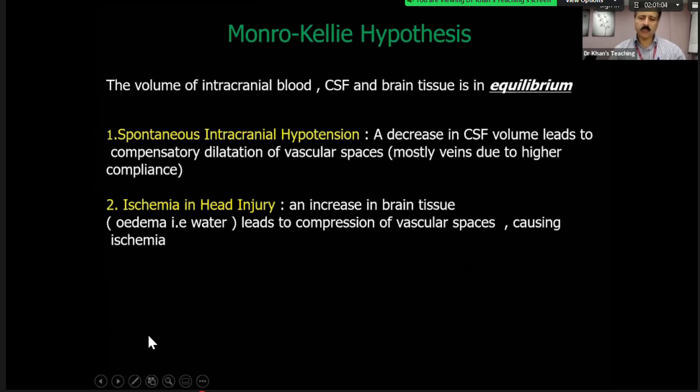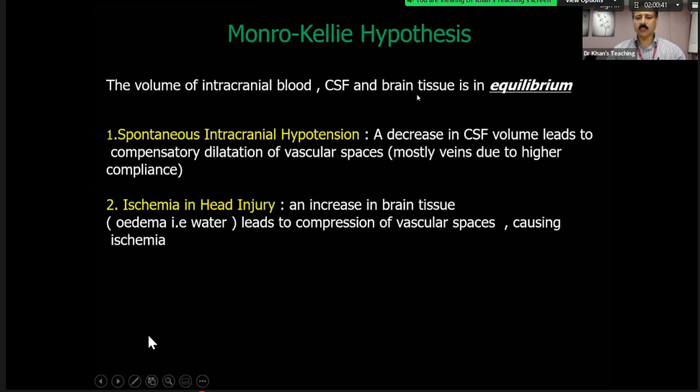This hypothesis in the viva has been asked quite a few times. Indirect questions are asked if you know this concept. What is the concept? The concept is that the intracranial cavity is a closed space. There is skull.